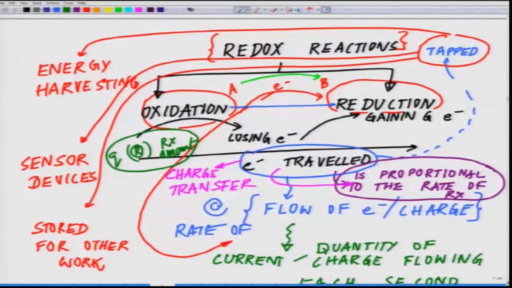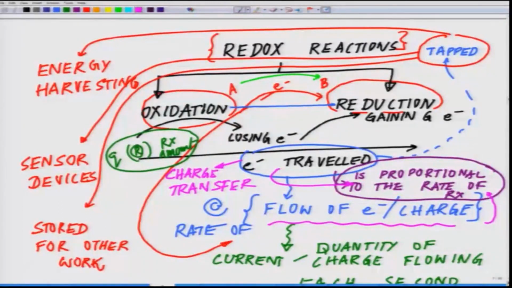Secondly, when there is a charge traveling, as I mentioned, we are talking about the flow of electrons, flow of charges. So, the flow of charges is also an indirect measure, or a direct measure rather, of the rate of the reaction.